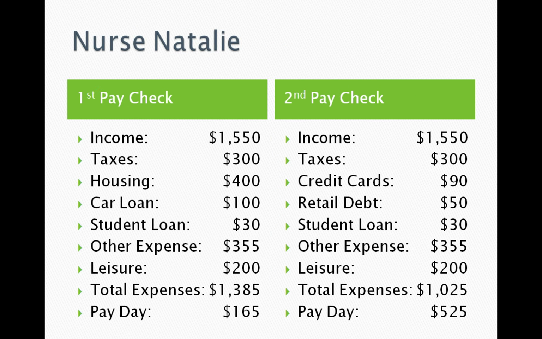Her two paychecks are going to be $1,550 each. And what you guys see is all of her expenses, and towards the bottom, I also have the total of each of the expenses that she's going to pay out of each paycheck and what payday she can hope to get afterwards.